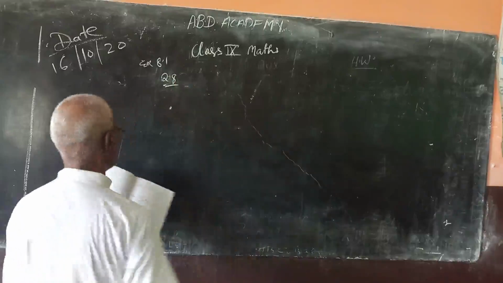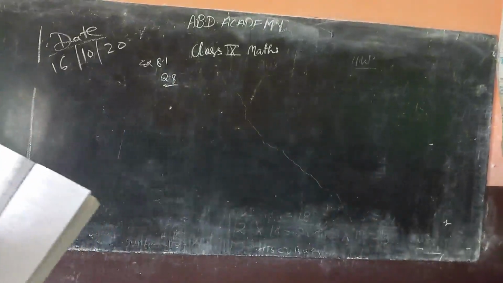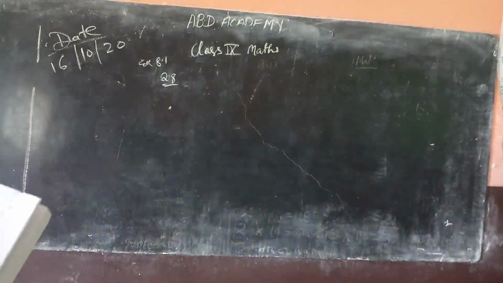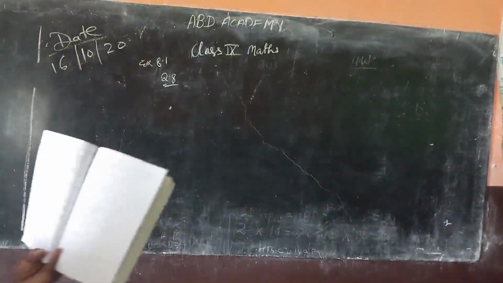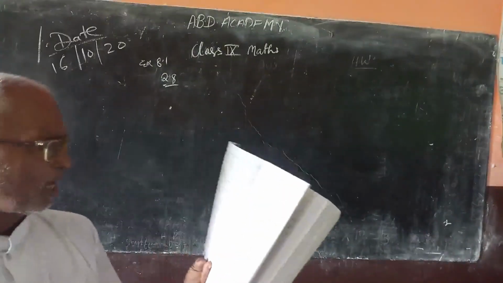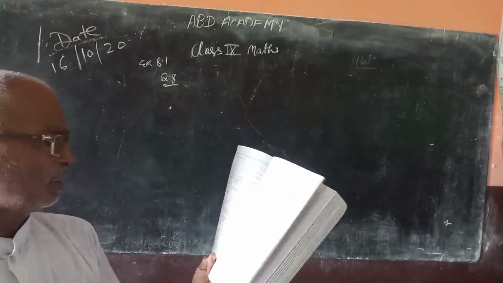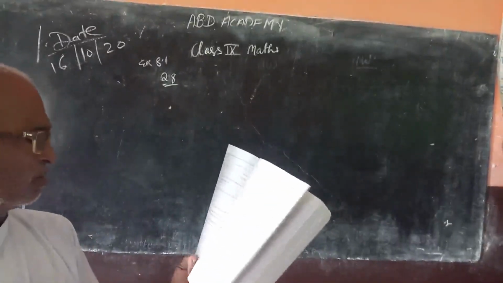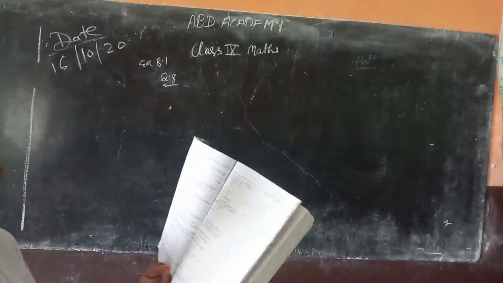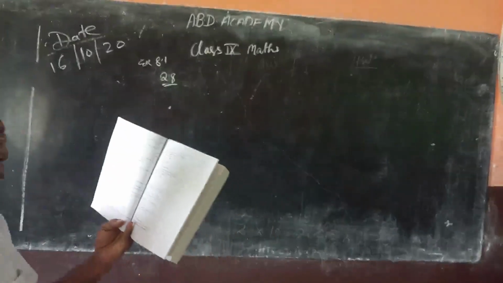Question number 8 here. Given that ABCD is a rectangle in which diagonal AC bisects angle A as well as angle C, show that it is a square.